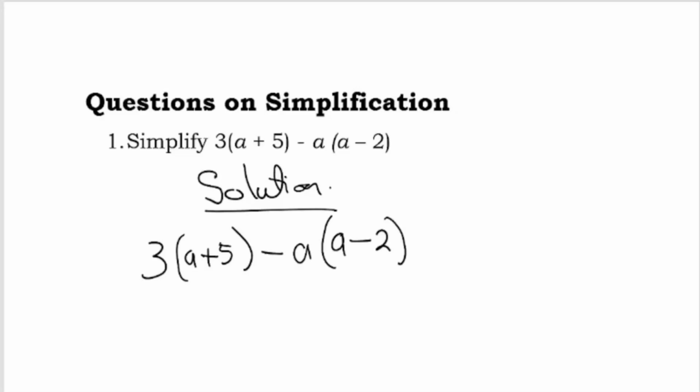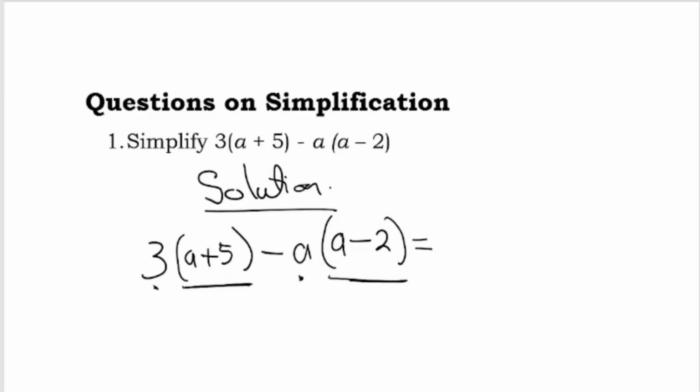And so what we need to do is to expand the brackets. By expanding the brackets, we mean this first part here will be multiplied by 3. This second part here will be multiplied by a.